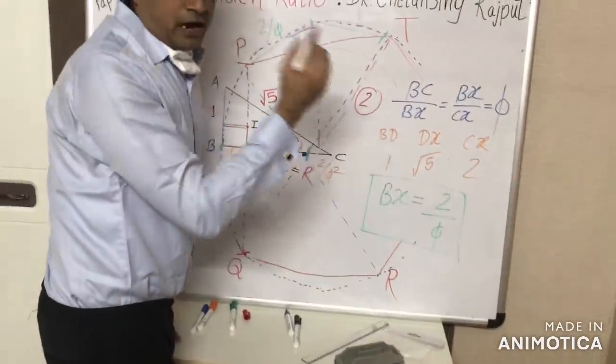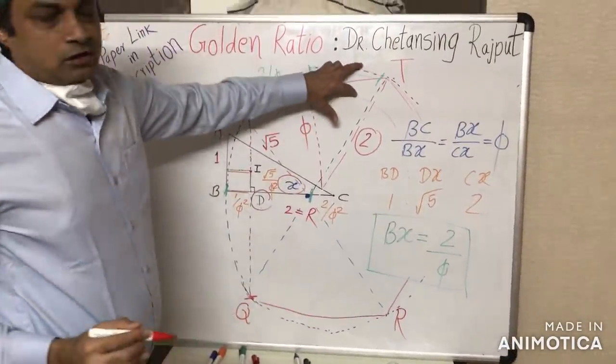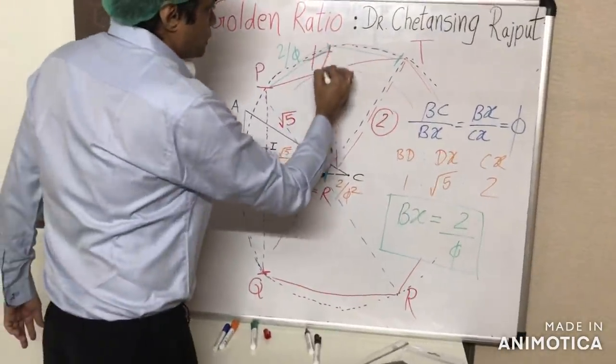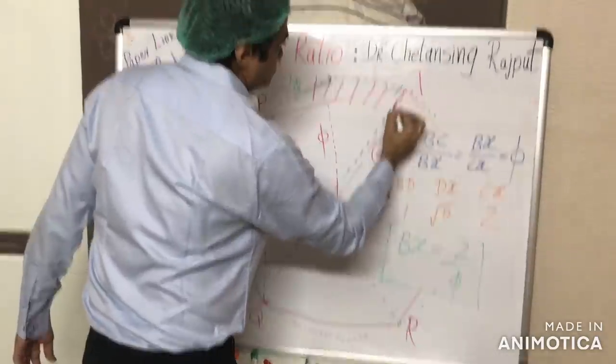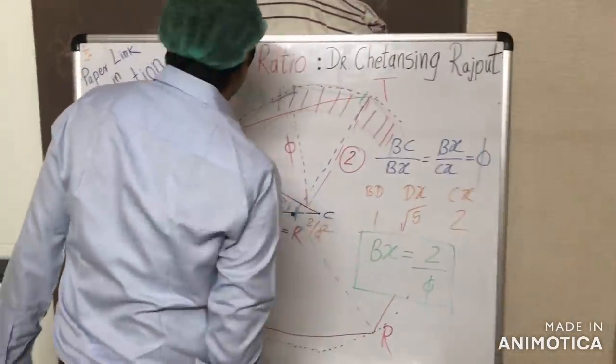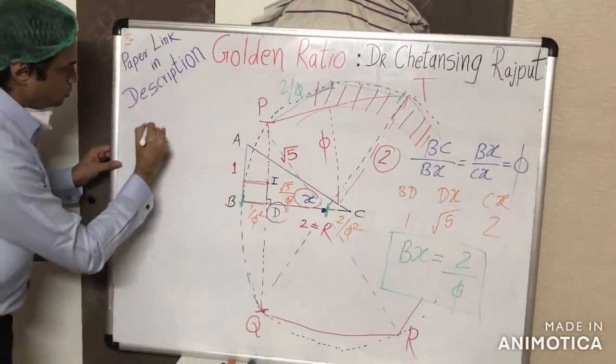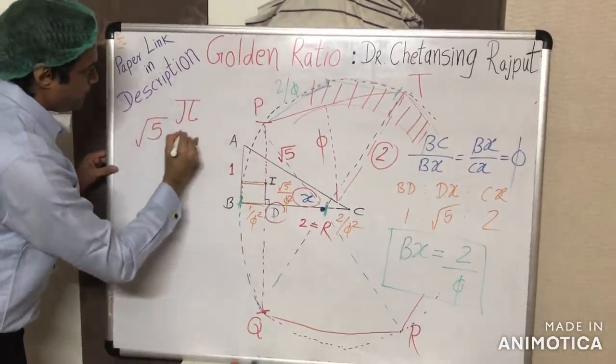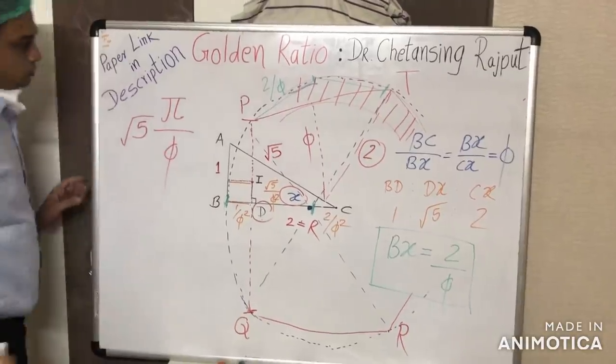The area enclosed between these two circles is precisely equal to root 5 into pi upon golden ratio.